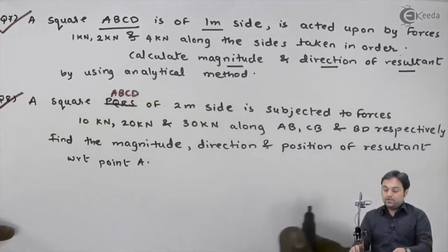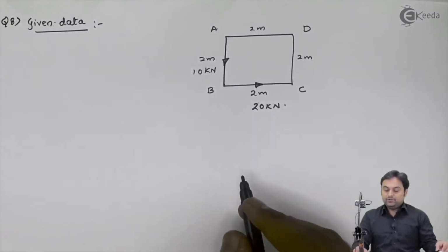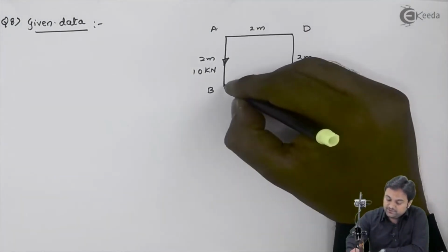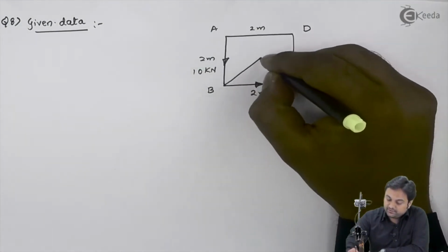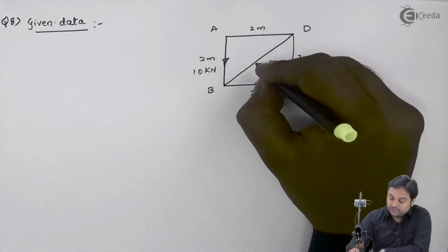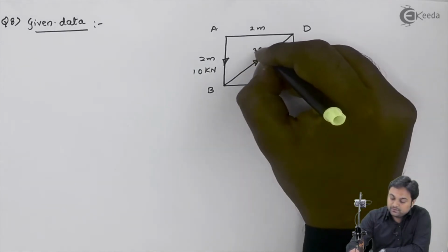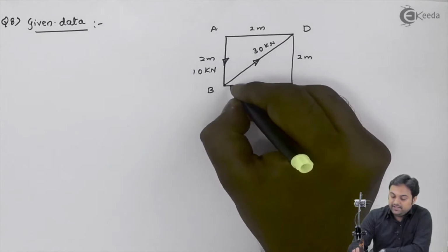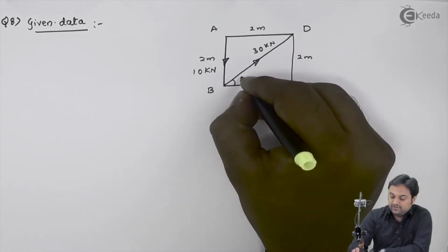Then along BD it is 30 kilonewton. So for BD we have to connect these points B and D to get the diagonal. Along this diagonal the force is 30 kilonewton. And since this diagonal is connecting B and D, the angle is 90, so this angle will be 45 degree.